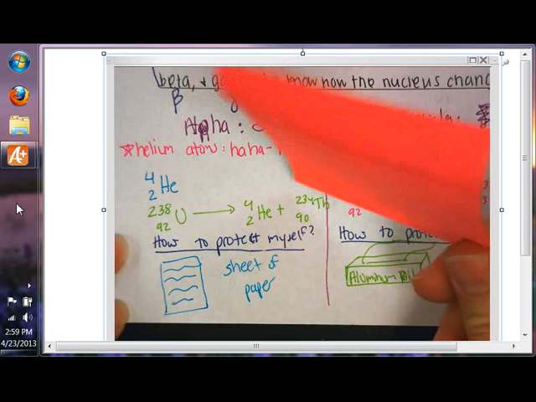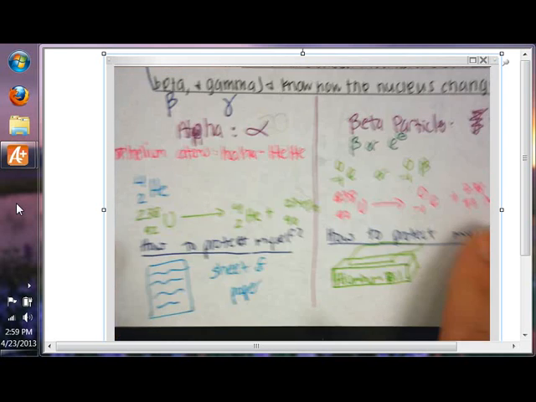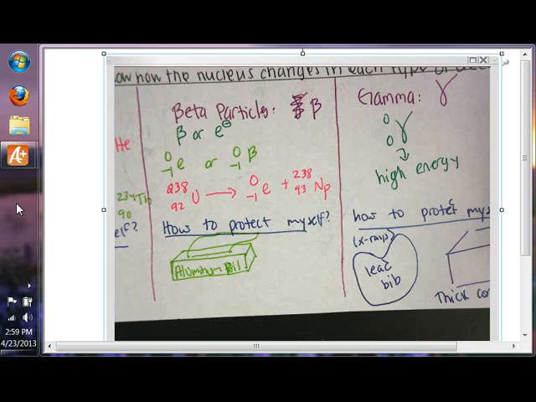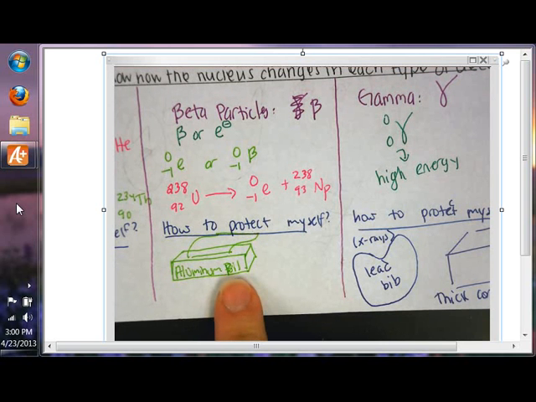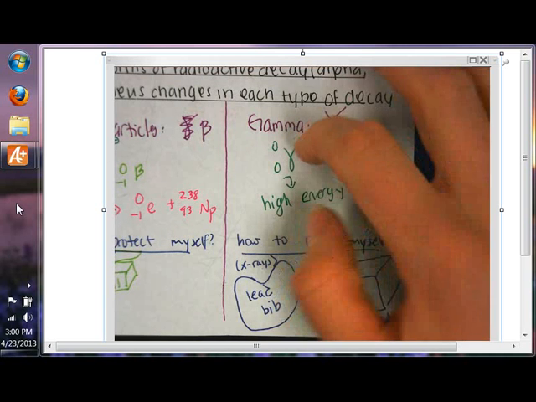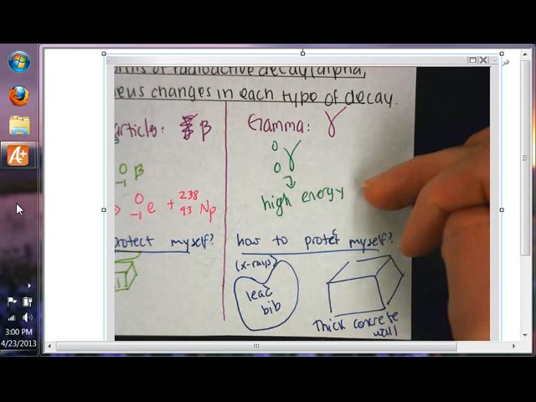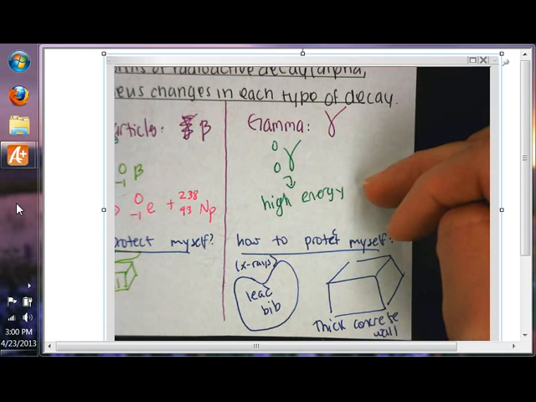Beta particles, higher in the alphabet, are stronger. You would have to use aluminum foil to protect yourself from beta particles. Gamma radiation is very high energy, very close to X-rays. Nuclear power plants, when they break down and release energy, are releasing this.